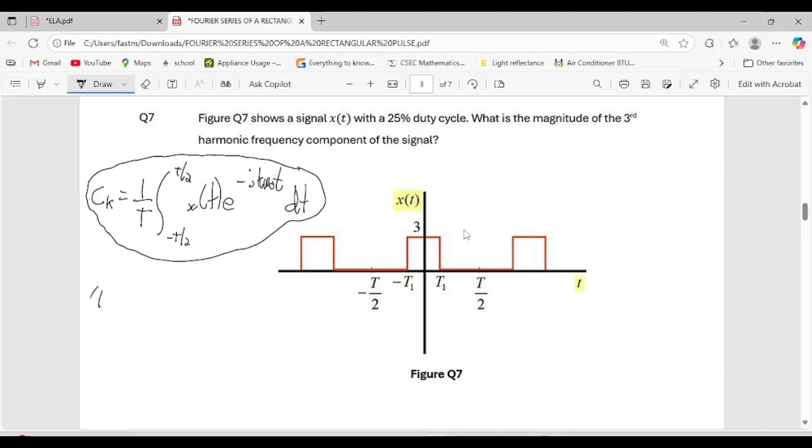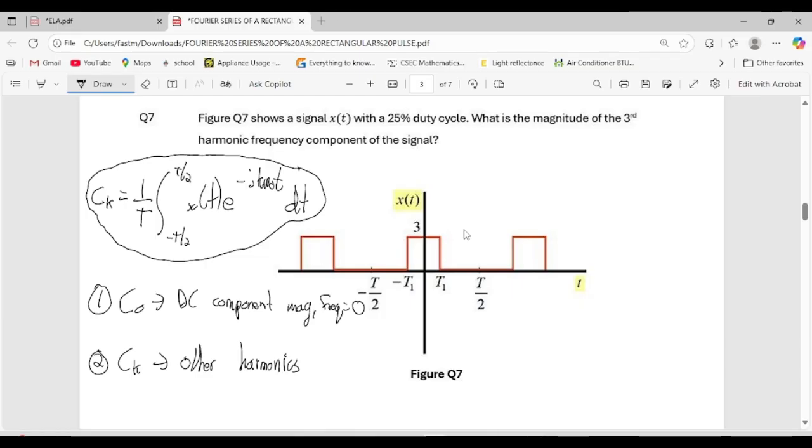The two things I need, shaving off all the nitty-gritty, are C0 and Ck. C0 is called the DC component, which is basically the magnitude when the frequency is equal to 0, because that is what DC is. The second thing is Ck, which gives the other harmonics.